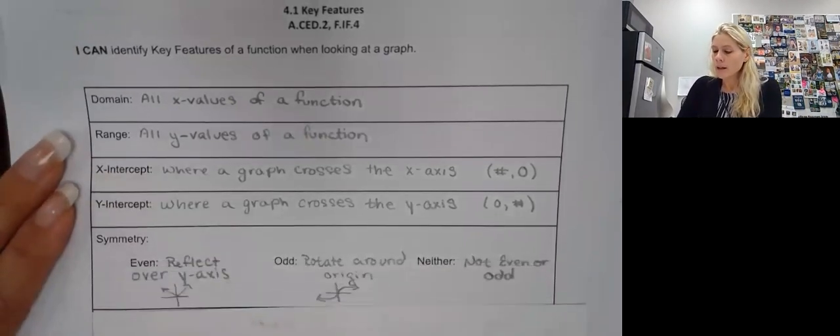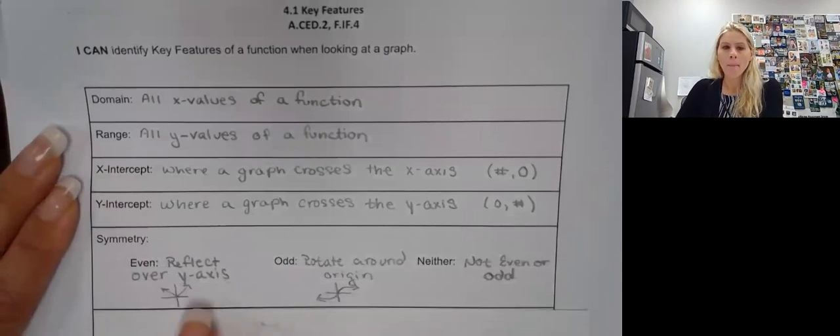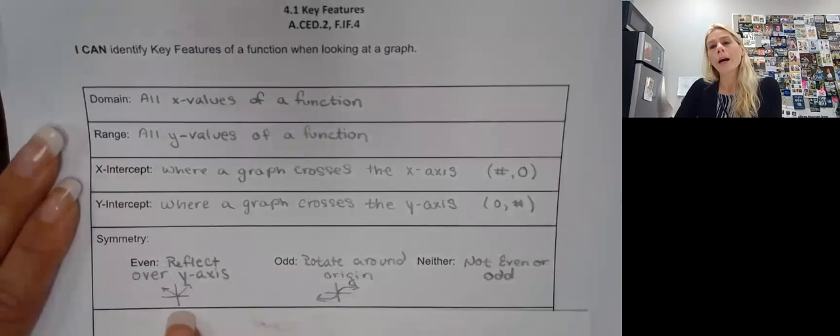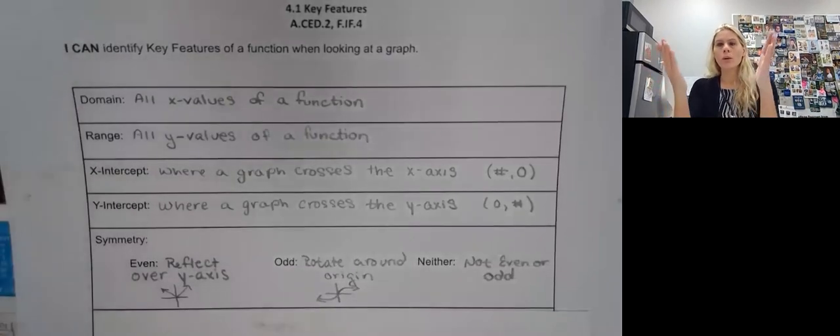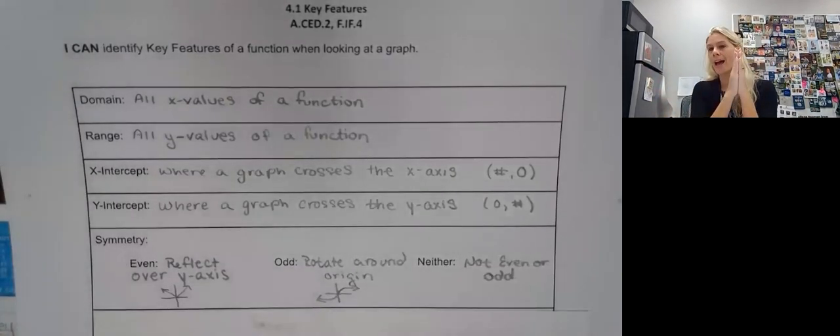So even symmetry means that the function reflects over the y-axis. When you fold your graph at the y-axis, it lays on top of itself. Remember, it has to be over the y-axis to be an even symmetry.